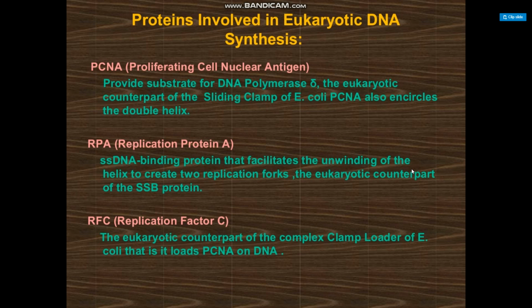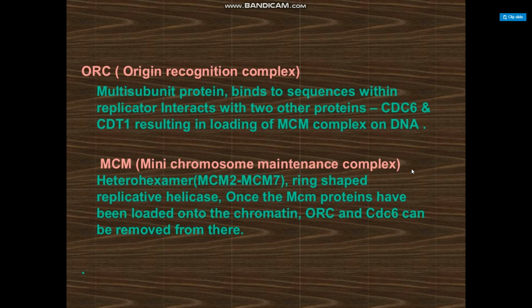Next, RPA, replication protein A, is a single-stranded DNA binding protein that facilitates the unwinding of the helix to create two replication forks, the eukaryotic counterpart of the SSB protein. The next, RFC, replication factor C, is the eukaryotic counterpart of the clamp loader complex of E. coli, and loads PCNA on DNA.